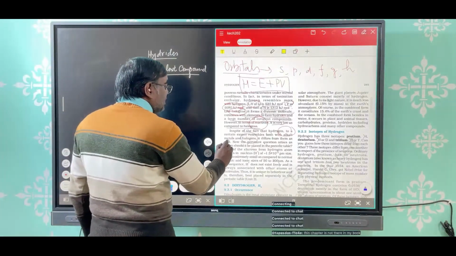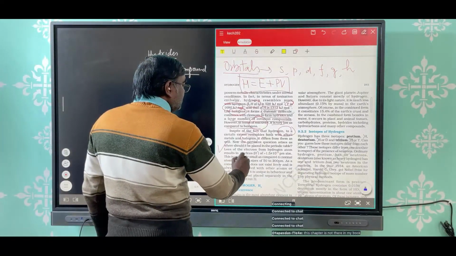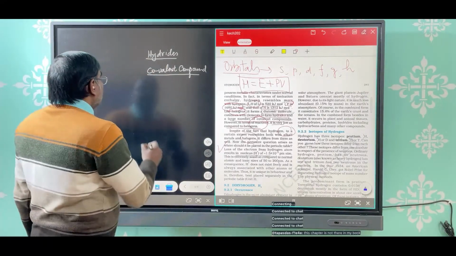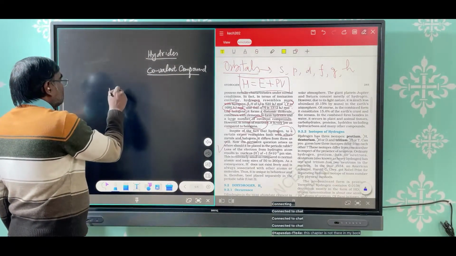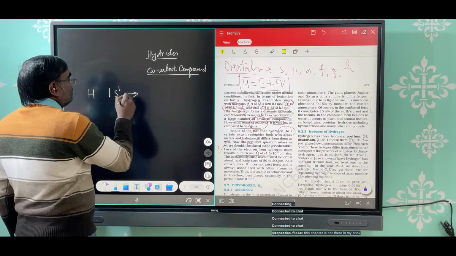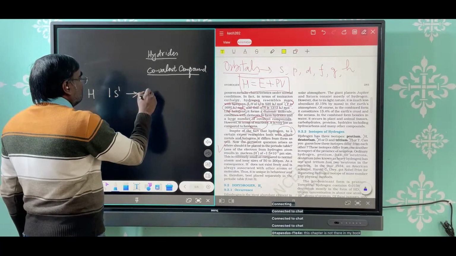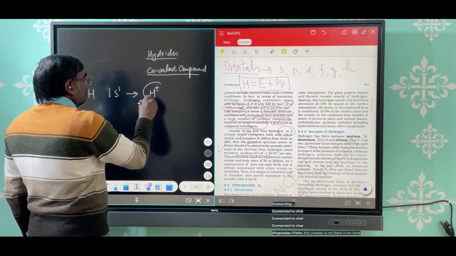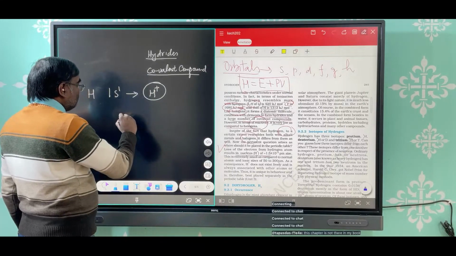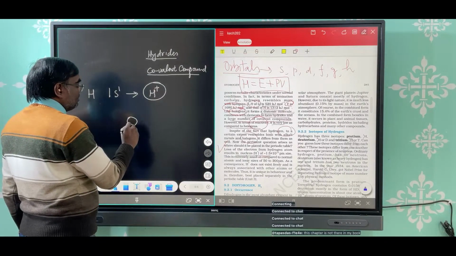Loss of the electron from the hydrogen atom results in the nucleus H plus. See, I told you that hydrogen 1s1, if it loses its one electron, becomes the H plus ion. And H plus means there is no electron, only the nucleus is left.